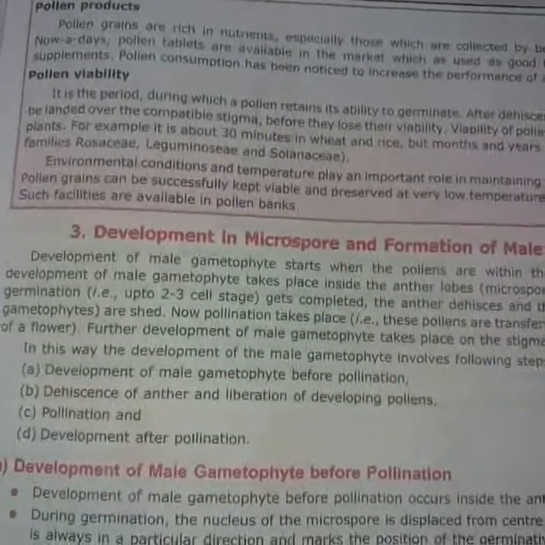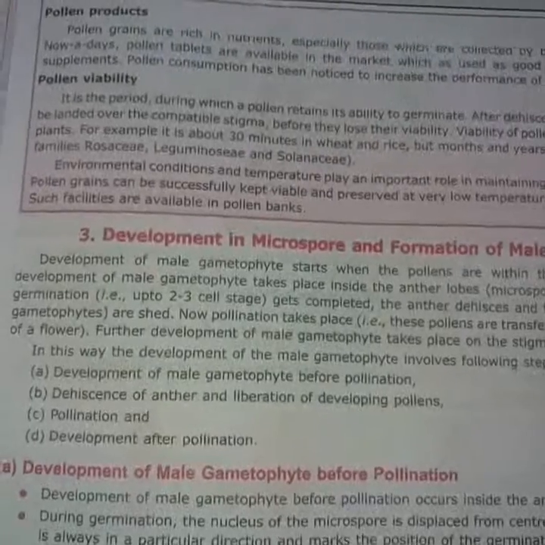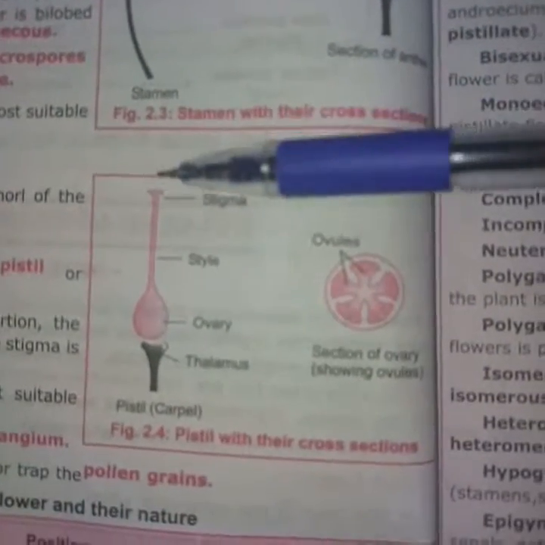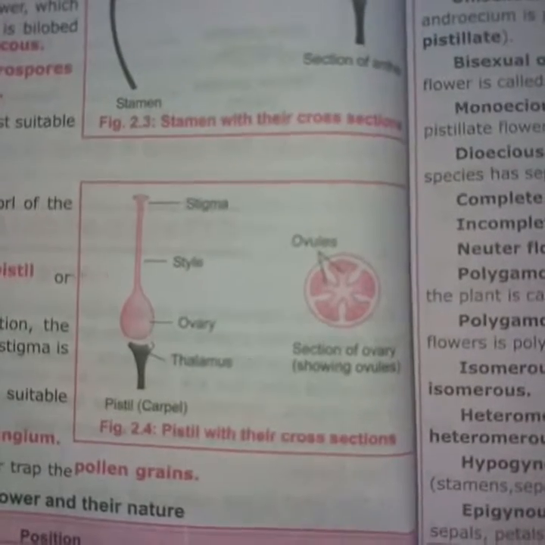When pollens reach the female part, the stigma, this process is called pollination.